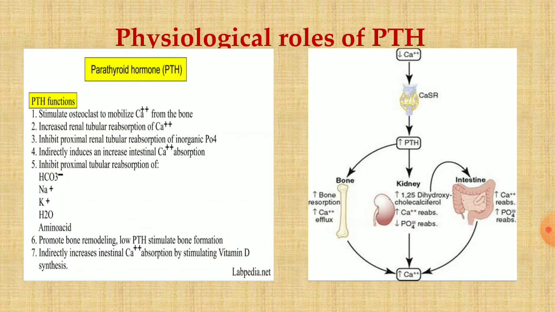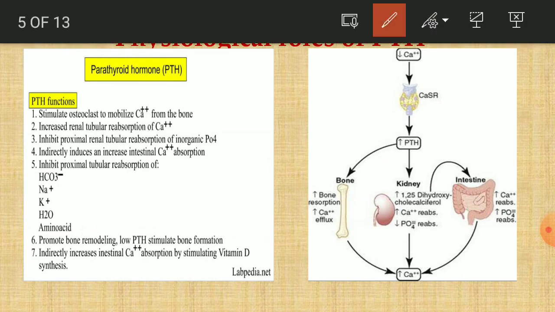Now the physiological roles of PTH. Here in the left panel I have given you the enlistment of different actions of PTH, like it stimulates osteoclast to mobilize calcium from the bone, it increases renal tubular reabsorption of calcium, it inhibits proximal renal tubular reabsorption of phosphate, it indirectly increases intestinal calcium absorption by increasing vitamin D3 formation, it inhibits proximal tubular reabsorption of bicarbonate, sodium, potassium, H2O, amino acids.